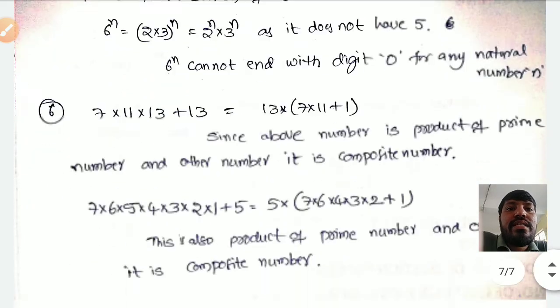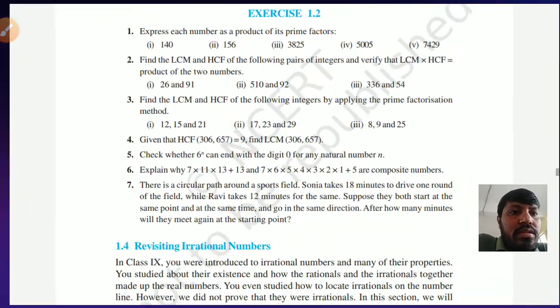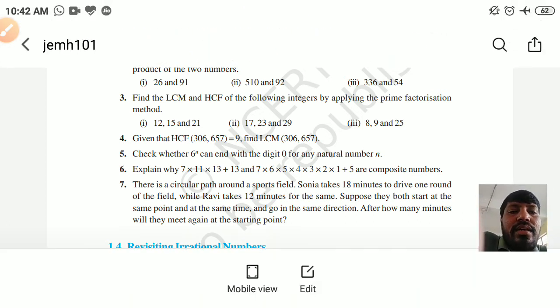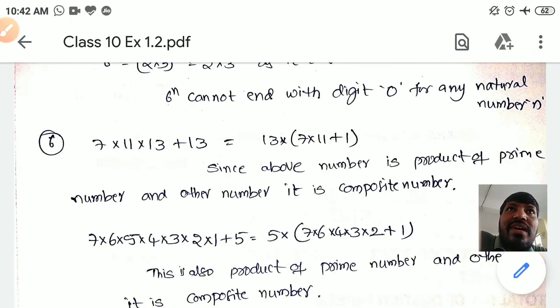And the next one, the fifth question, is prime factorization. Let us read the question. Check whether 6 power n can end with digit 0. Here you can very clearly see that if a number wants to end with 0, then 2 into 5 is 10.